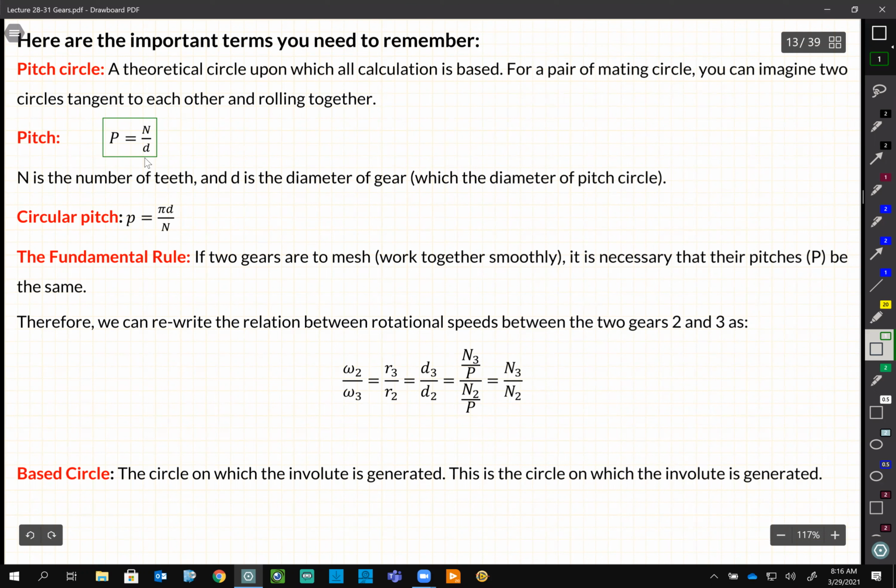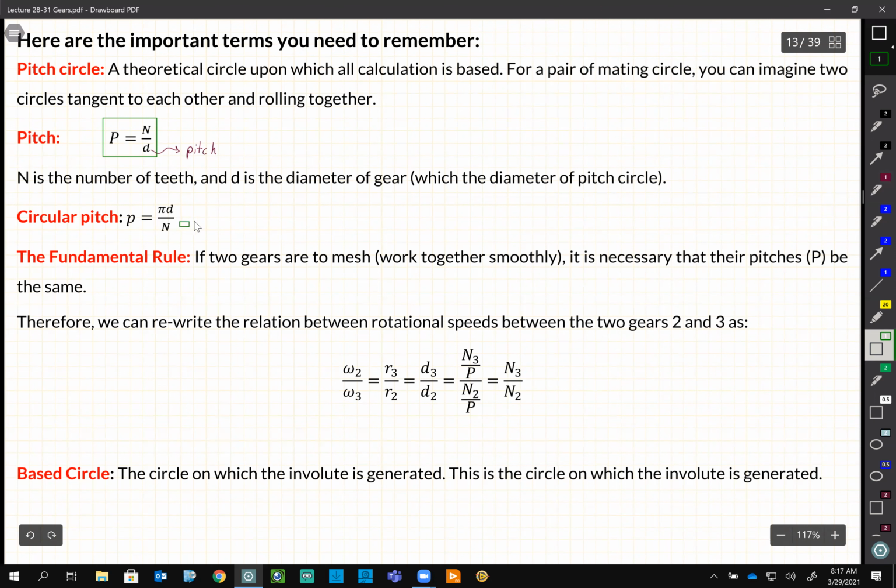Number of teeth divided by diameter. And again, do not forget, whenever we talk about radius or diameter, we are talking about the diameter of the pitch circle, not the base circle. Okay, and circular pitch is this value. We denote it by lowercase p, and it is pi d divided by n.